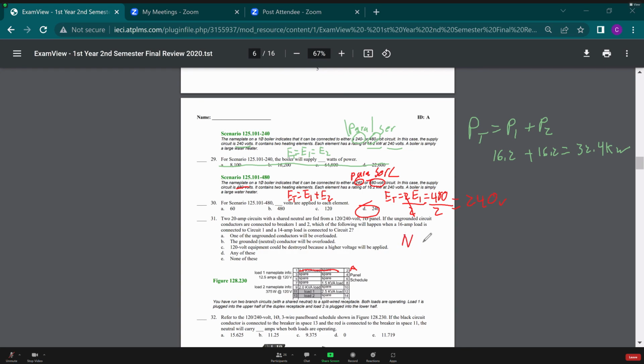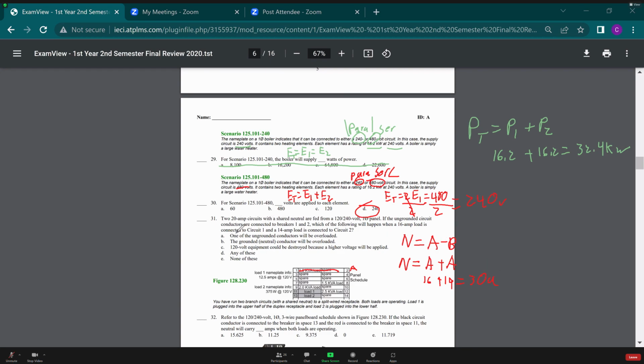The neutral current is equal to the difference of 2 phases, A minus B, or if you're on the same phase, they add together. So because 1 and 2 are both A phase, they're going to add. So if I have 16 amps on 1 plus 14 amps on 2, I get 30 amps out of that.